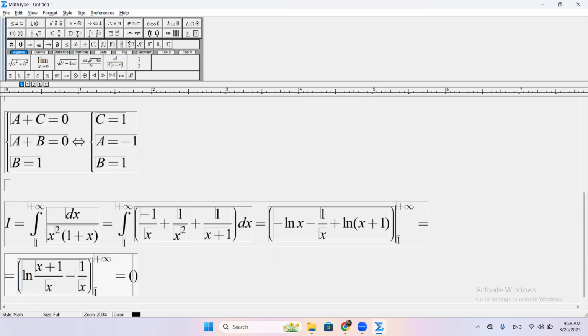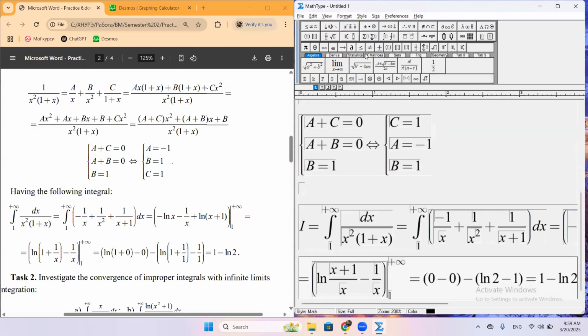Because here plus infinity and here plus infinity, it gives 0 minus 0 because of the logarithm of 1, and minus logarithm of 2 minus 1. So the result is 1 minus logarithm of 2. Any questions about this exercise?